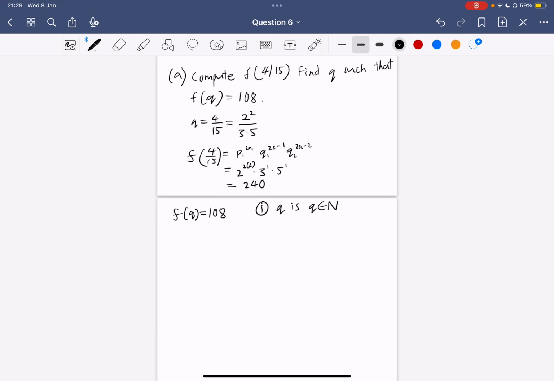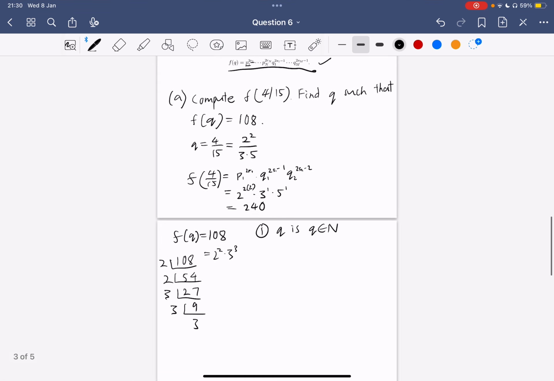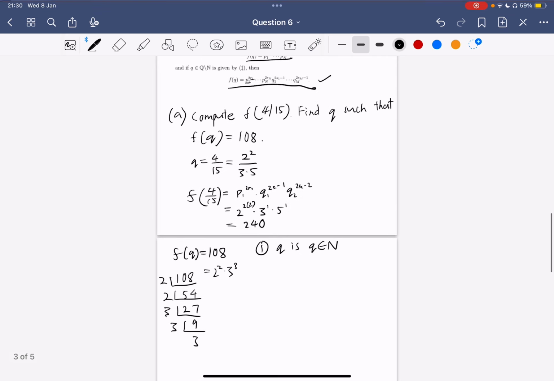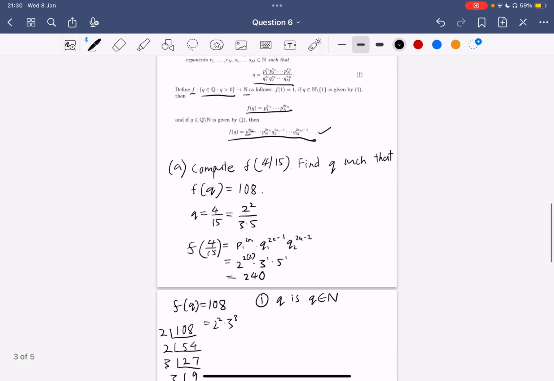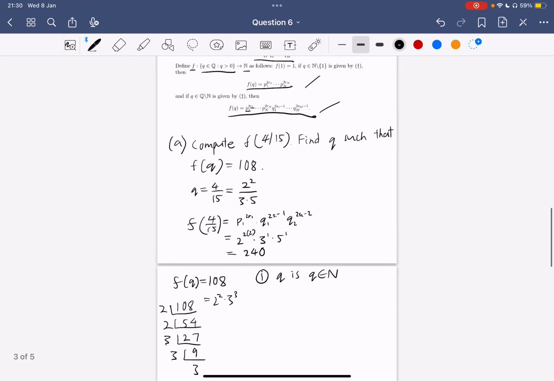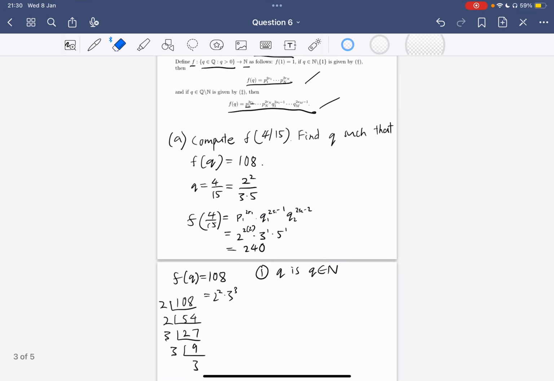Oh, I think before that we have to factorize 108 into its prime numbers. So we can do that here. 2, 54, 2, 27. So 108 is 2 to the power of 2 times 3 to the power of 3, right? So f of q might be given by this or this, and so we have to test it out for both cases.